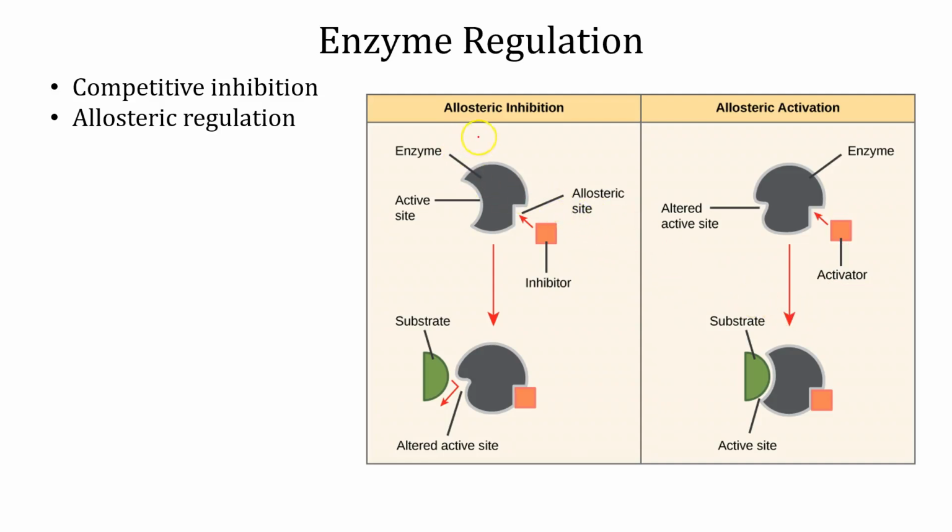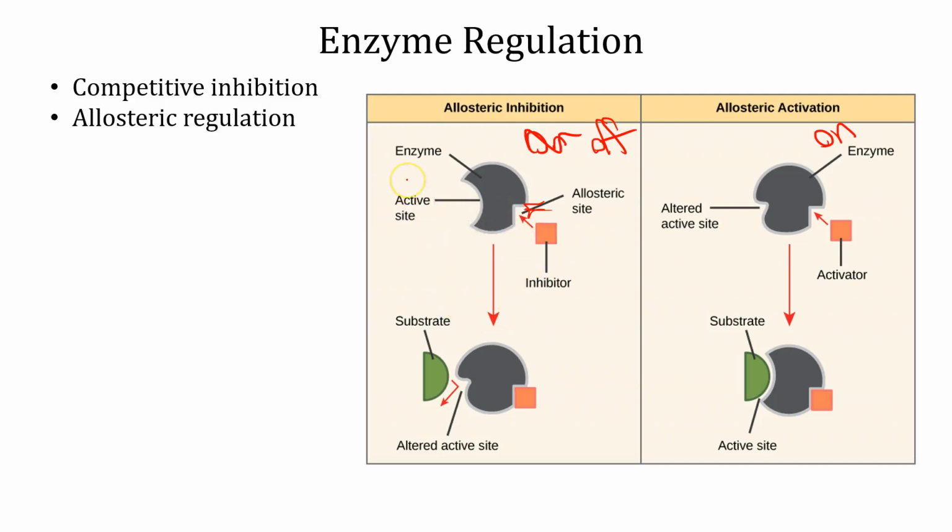Okay, so this would be like turning an enzyme off, and over here this would be like turning an enzyme on. Again, it has to do with this site here. And because that's an allosteric site that's different than the active site, this is considered non-competitive inhibition, because the thing that's attaching and turning the enzyme on and off is not actually going into the active site and competing with the substrate.